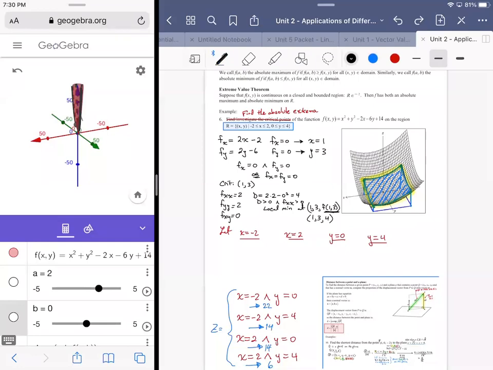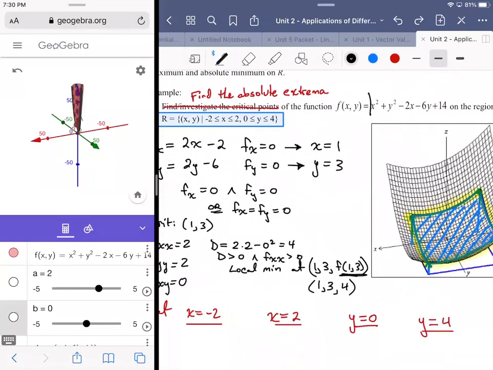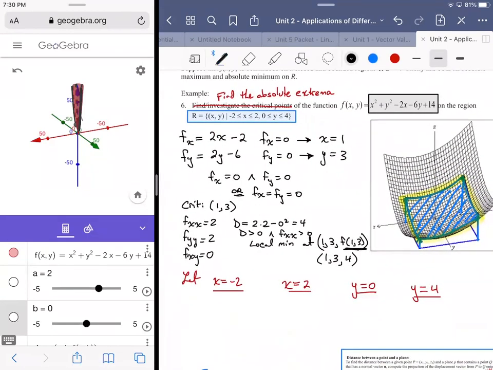Right. So what we would do is go back to our original function we have here and replace the x with a -2. And so it's no longer going to be f of x comma y because I'm making x constant.